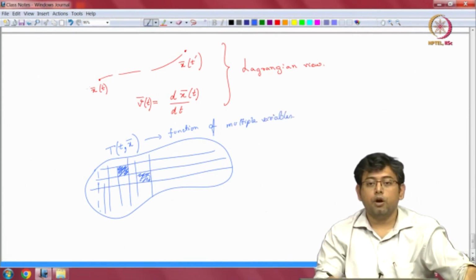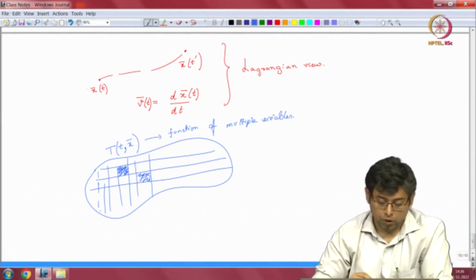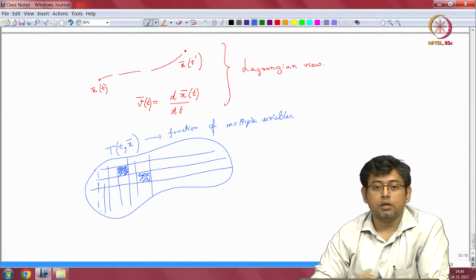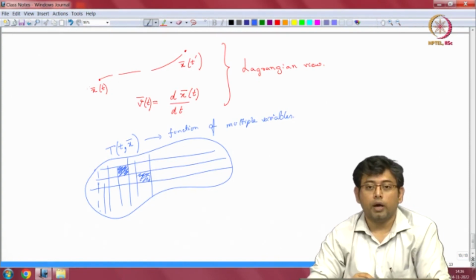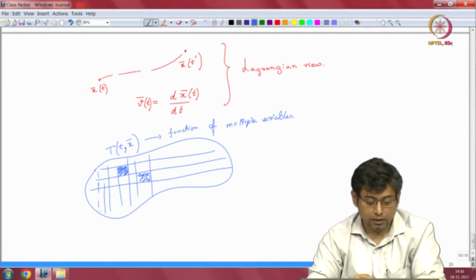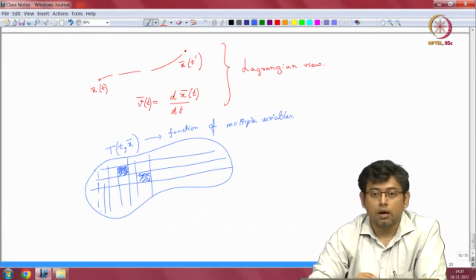You need not do this with something like temperature, you could do it with other things also. You could associate velocity with each of these grid points and say, okay, I am just going to look at the instantaneous velocity of this grid, and I am going to say that this grid has a velocity v if the element or the mass that is occupying this grid point has a certain velocity at that time.